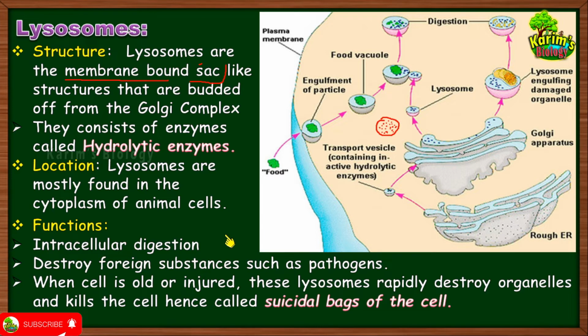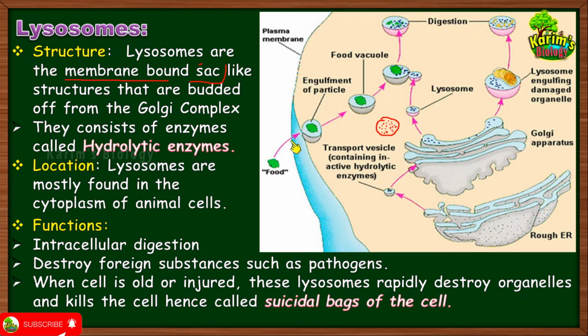So what is this intracellular digestion? The cell takes its food from outside. Imagine this is a phagocyte, or a unicellular animal cell, and it has taken the food material. The food will be taken by a process called endocytosis. I hope you remember, I taught you about endocytosis when we discussed the functions of the plasma membrane.